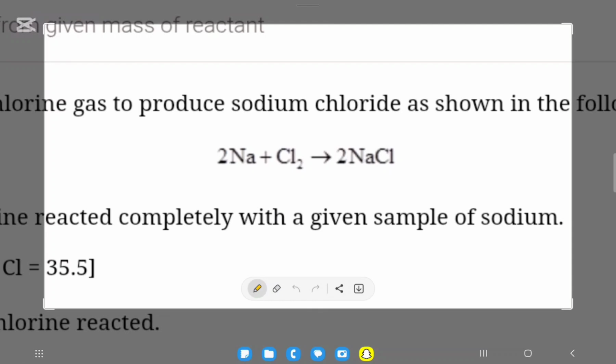In the reactants we have 2 Na atoms, and in the products we have 2 Na. In the reactants we have 2 Cl, and also in the products we have 2 Cl. So the equation is balanced.